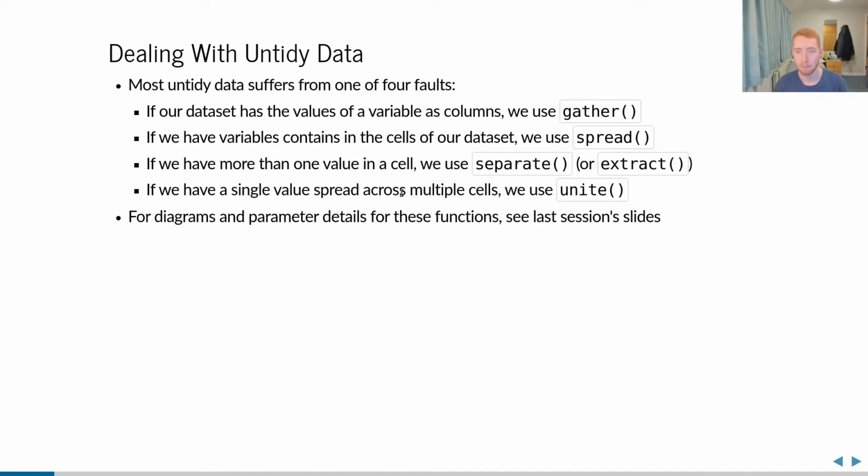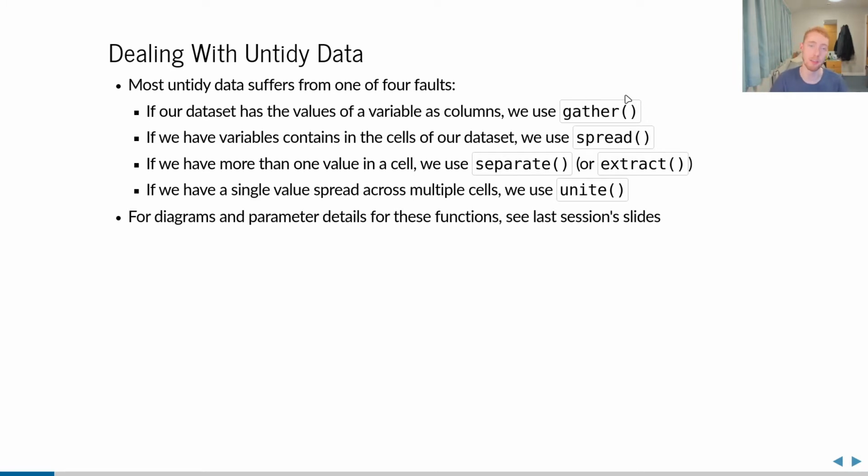We also saw some methods for dealing with untidy data, how we can go about fixing that. 4 key methods for fixing 4 common issues with data. Those were gather. This took a series of non-variable columns, say if we had columns, one for each year, and then we'd gather those together into a key value pair, so just 2 columns, one containing the old column names and one containing the old actual data.